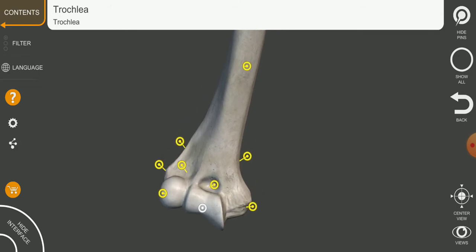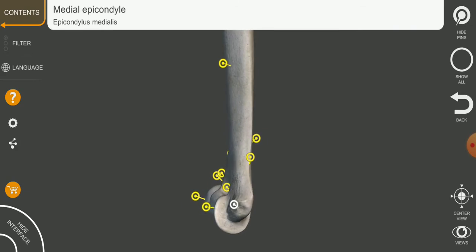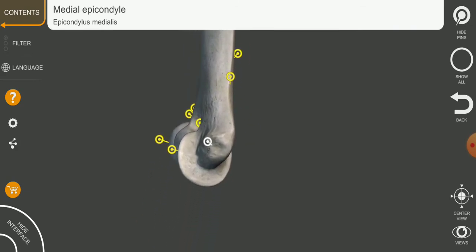I will tell about that later. So now we have the coronoid fossa, below that the trochlea, and to the medial side we have the medial epicondyle, and above the medial epicondyle we have the medial supracondylar ridge. We can see the projection of the bone toward the medial side of the body of the humerus.